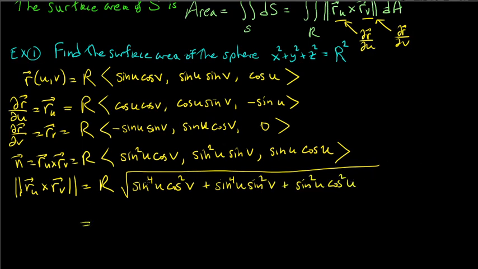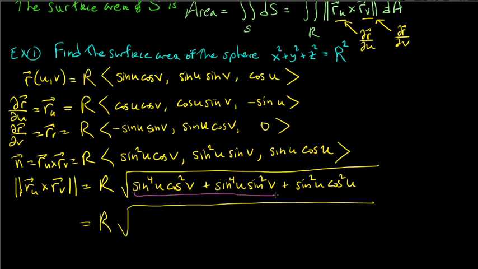And that's a bit of a mess here, but it does simplify a little bit. If you notice, in the first two terms here, we have a common factor of sine to the fourth of u. So if we factor out sine to the fourth of u, that just multiplies cosine squared v plus sine squared v, which is 1. And I'm just copying everything else down.